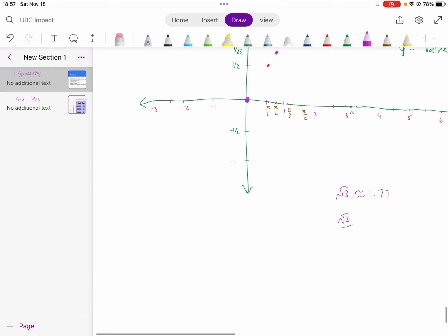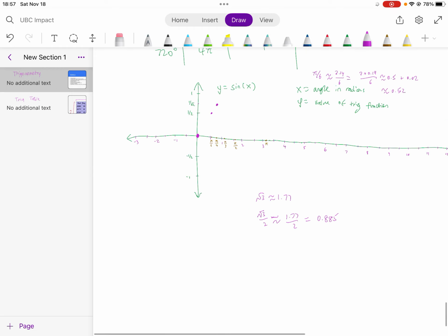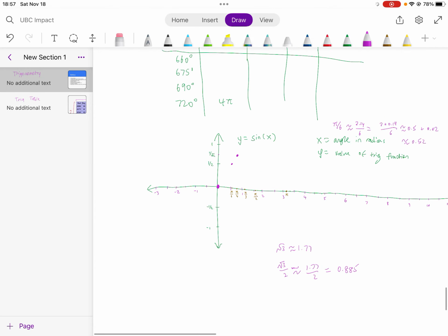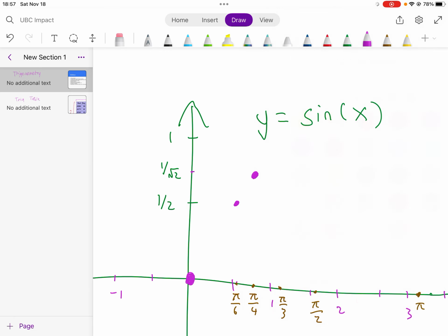So square root of 3 over 2 is about 1.73 over 2. And so if you just approximate, that's about 0.865. Which means it's about like 0.7, 0.8, 0.9, so it's about here.